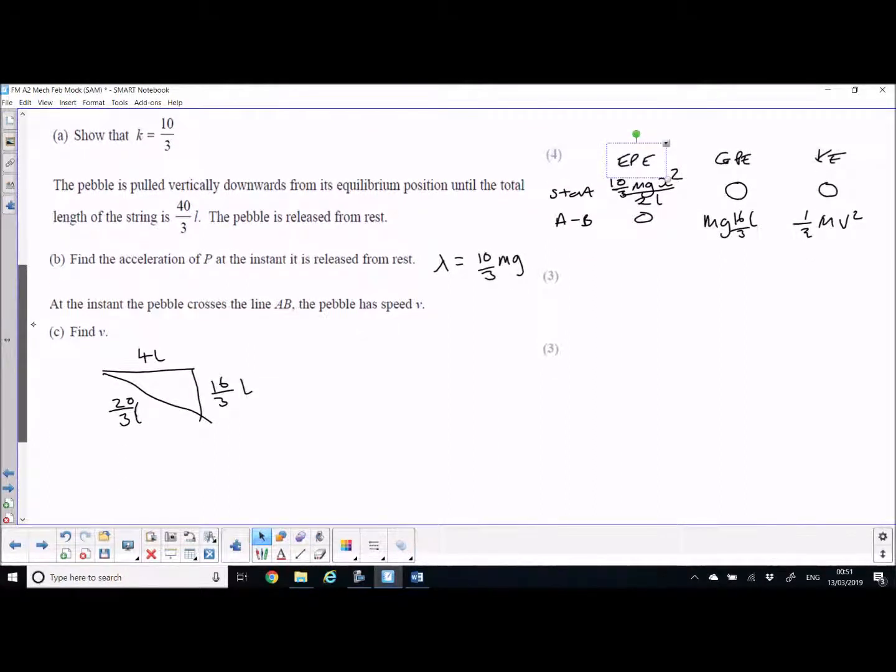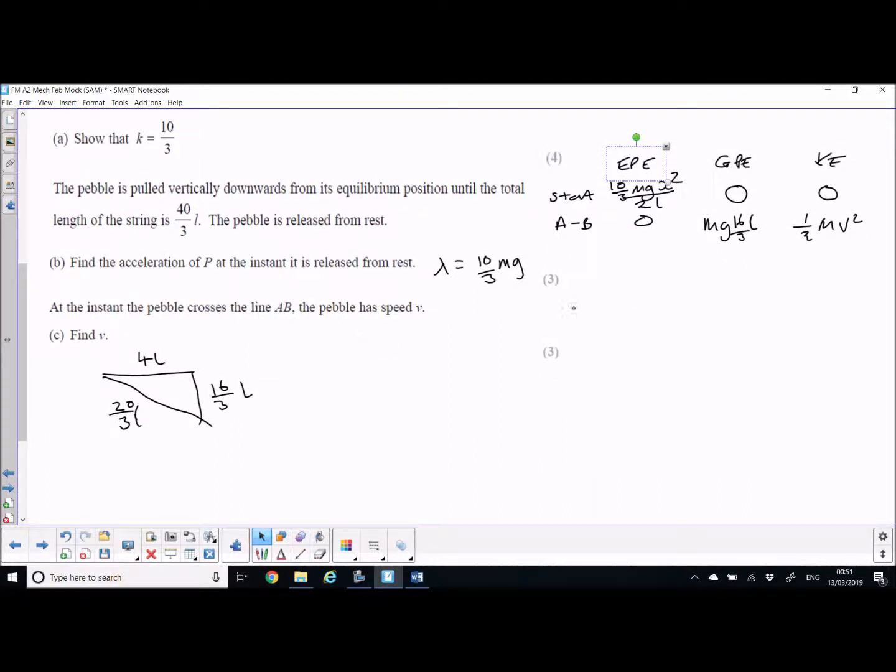So then we can use conservation of energy. Our elastic potential energy at the start must equal our gravitational potential plus our kinetic at the end. And we can put in all our numbers. So elastic potential energy is 10/3 mg times our extension in the string squared.